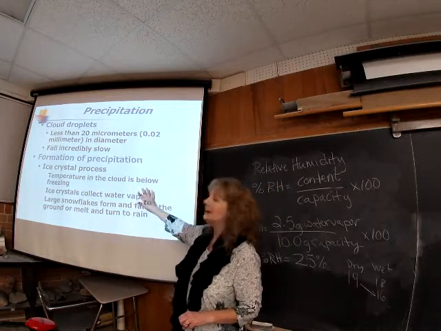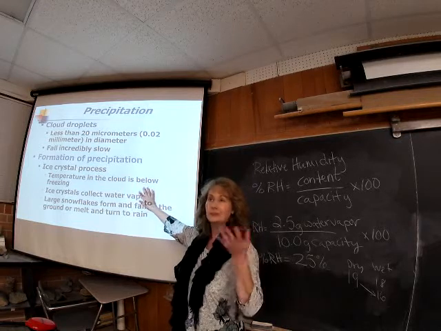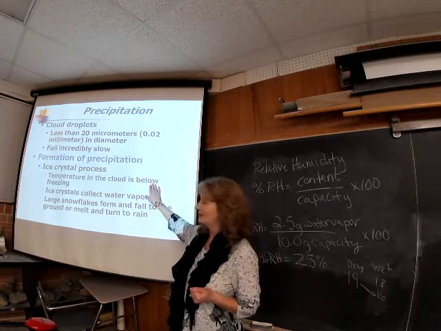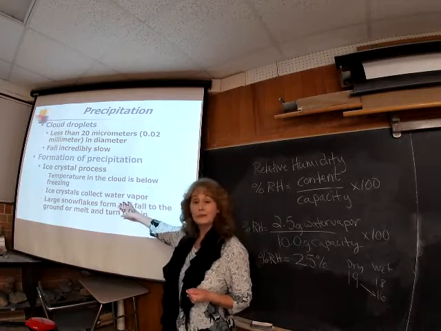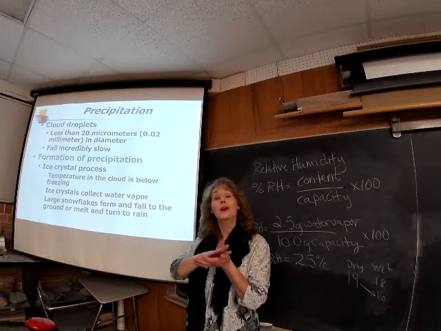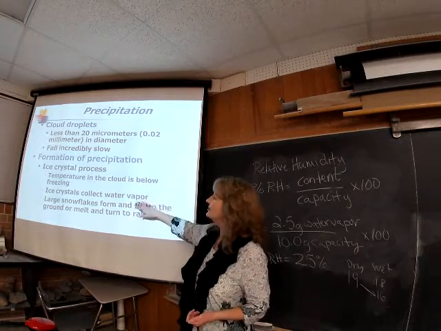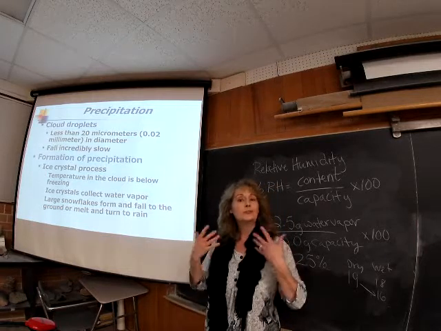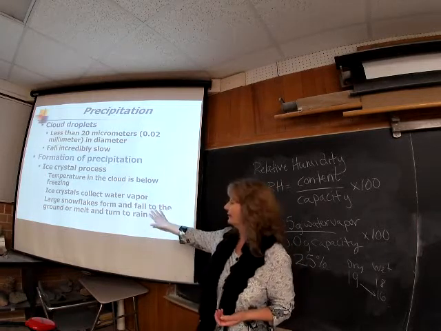The temperature in the cloud is below freezing, so it's a pretty high elevation cloud. Everything's frozen to start with. Those ice crystals can actually be a solid particulate for water vapor to condense on. So it collects the water vapor, and your little ice crystal grows larger and larger into snowflakes.